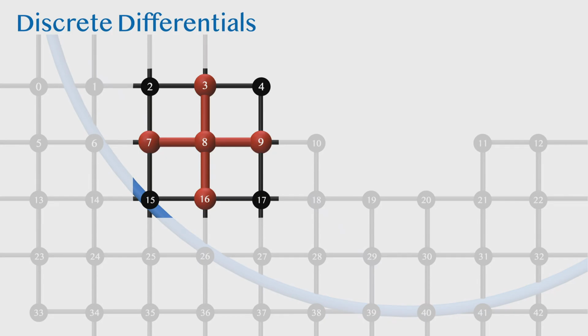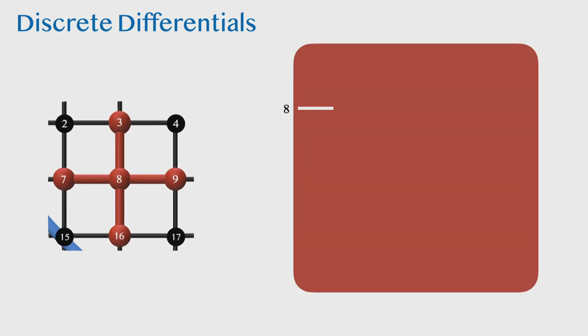And so in row 8 of the matrix, we insert the stencil weights in the columns of the indices that are part of that stencil. So that's these columns. And the weights of the grid points themselves, they all have this factor of 1 over h squared on the front.